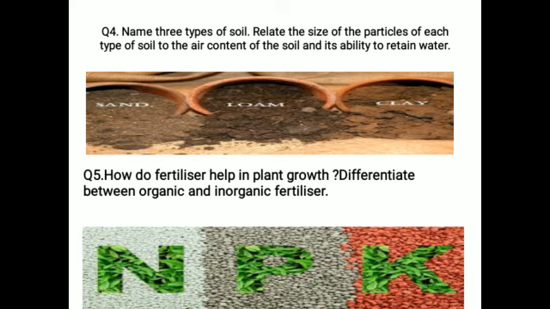Question number 4. Name 3 types of soil and relate the size of the particles on each type of the soil to the air content of the soil and its ability to retain water. You know, soil is the combination of 3 size particles: clay, sand, and loam. And clay, the particles of the clay are very fine.